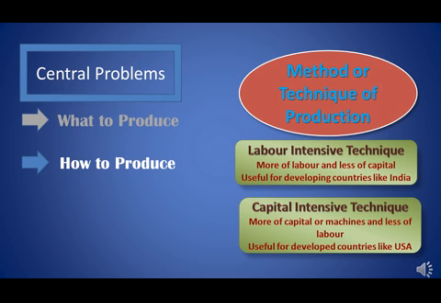The second technique of production is capital intensive technology, where more of capital or machines and less of labor is used. This kind of technology is very useful for developed countries like the USA, where capital is available in abundance but labor is scarce.